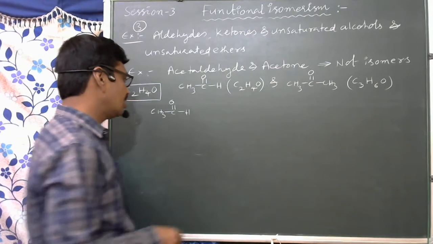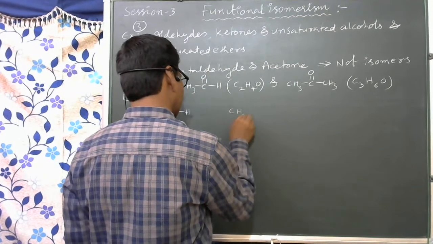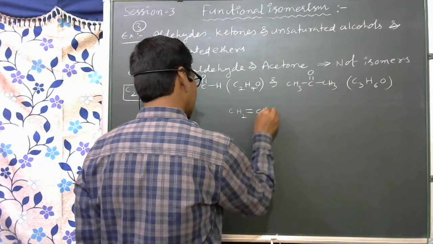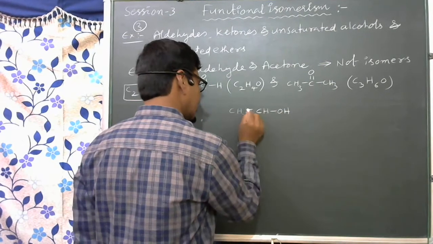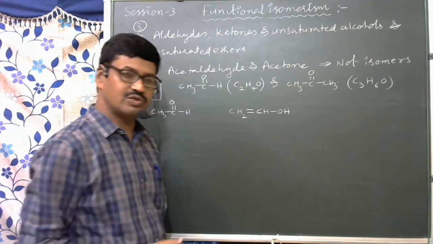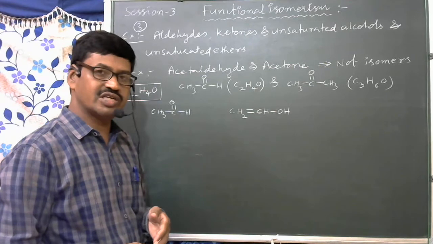Unsaturated alcohol: how can you write it? CH2, here I am writing a double bond, CH, here writing OH. See here the OH group is there, and a double bond is present between two carbon atoms. If a double bond is present between two carbon atoms, we can say it is an alkene. Alkenes come under unsaturated compounds.